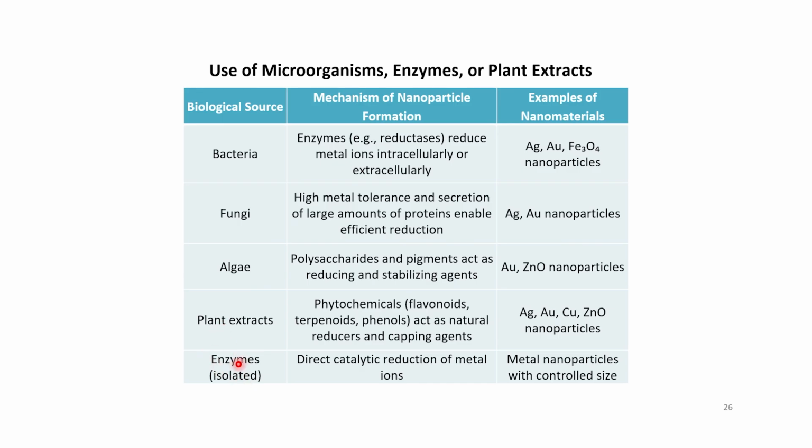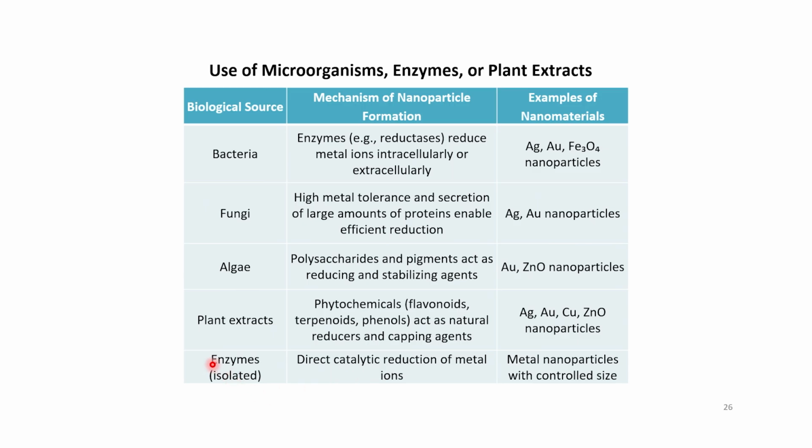Then isolated enzymes can also be used, although this can be expensive, because enzymes can be difficult to obtain and difficult to maintain. They need a particular temperature and pH to work efficiently. But these can directly catalyze reduction of metal ions.